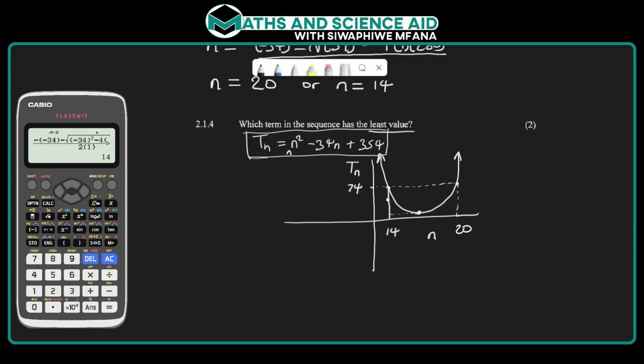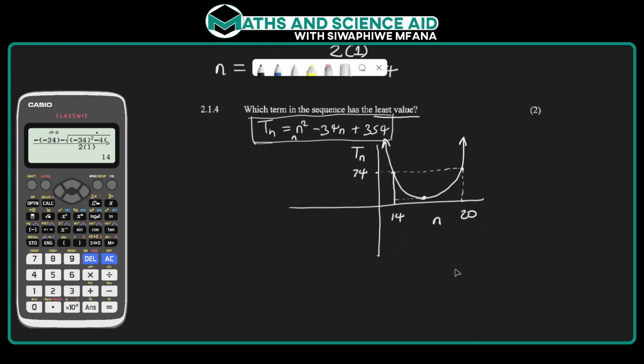And now we want a term that is going to have the least value. It's clear, if we're looking at our graph here, that it would be a term along this point here, which forms a turning point, because that point would have the least value on our graph. So this is simply the turning point of the parabola.